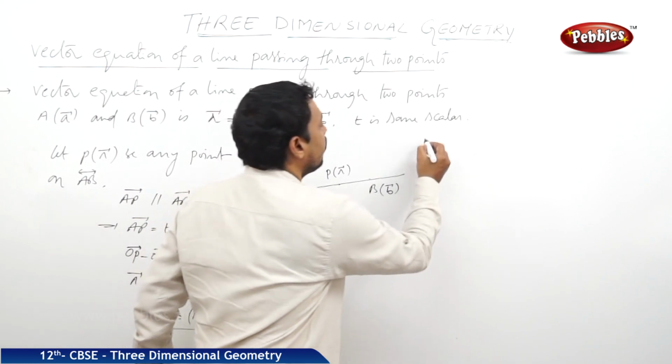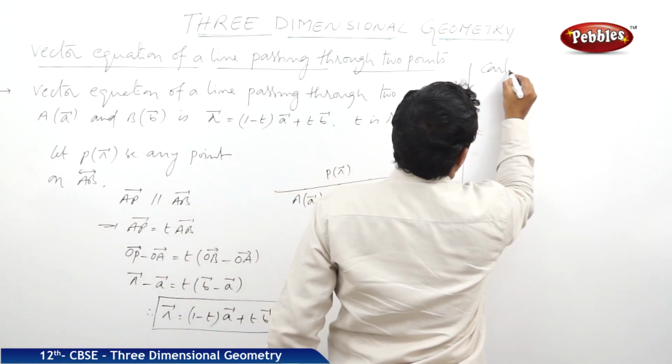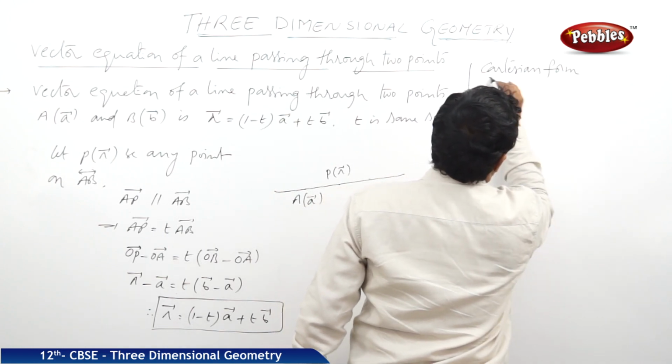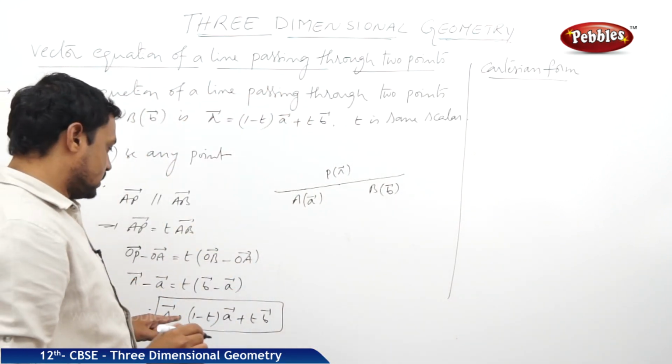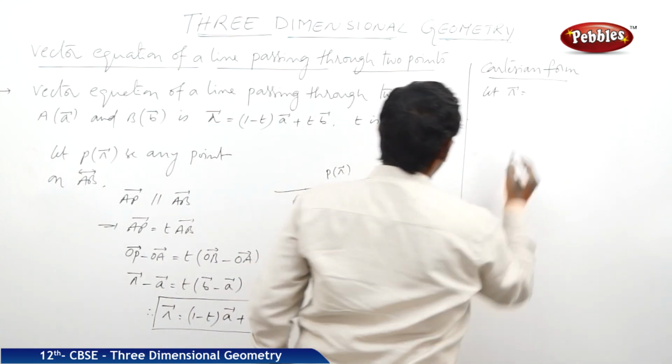Now, let us define the Cartesian form of the line that passes through 2 points. Here, let us take R bar. What is R bar?